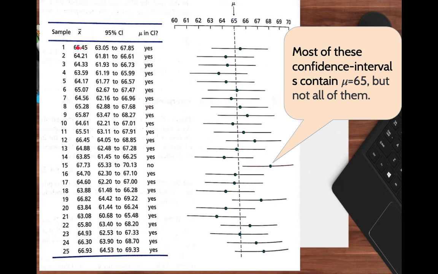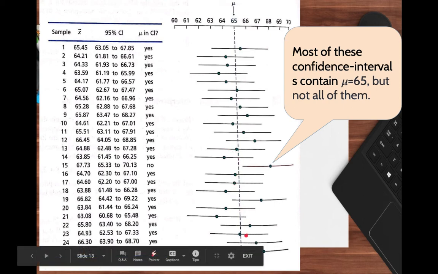These are your 95% confidence intervals for each one, based on the sample. You notice with the 95% confidence interval, your standard deviation is the same, so all of these bars are the same width. All of these intervals have the same range, but they're moved by where the sample mean is.